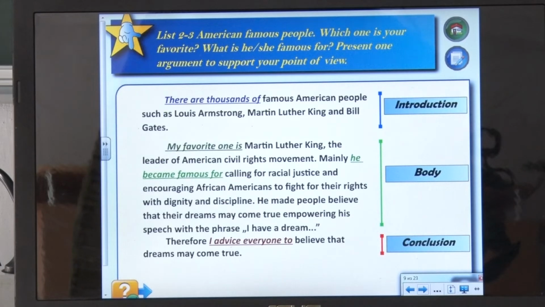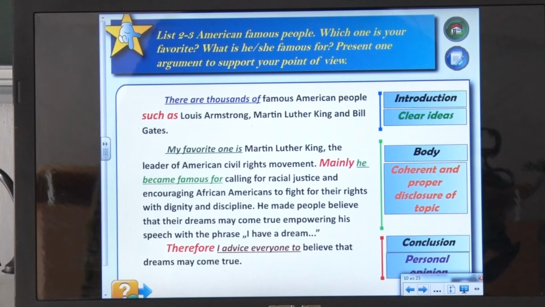Also, while giving the argument, he became famous for, and next he gives the reason why he chose exactly this personality. And in the conclusion, I advise everyone to. He wants to share his own opinion with other students.